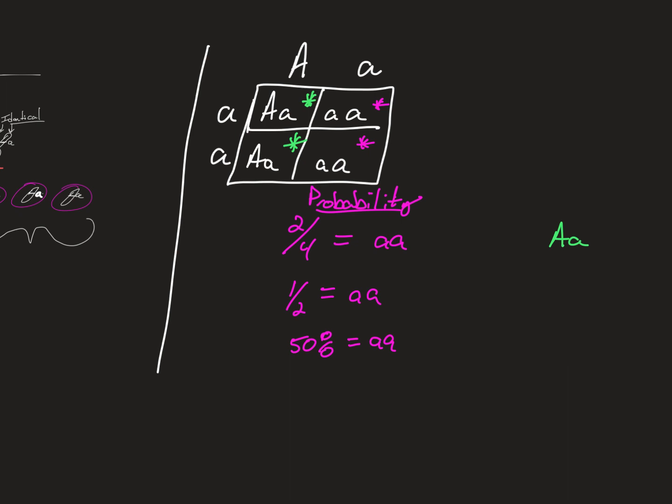It's impossible. He doesn't have it to give. So the only other possibility is big A, little a. And there you can see it's 2 out of 4. Again, 2 out of 4 is big A, little a. And that means 1/2, which is, again, 50% big A, little a.